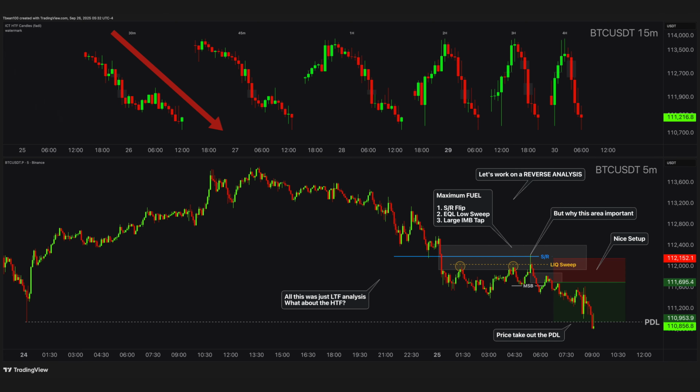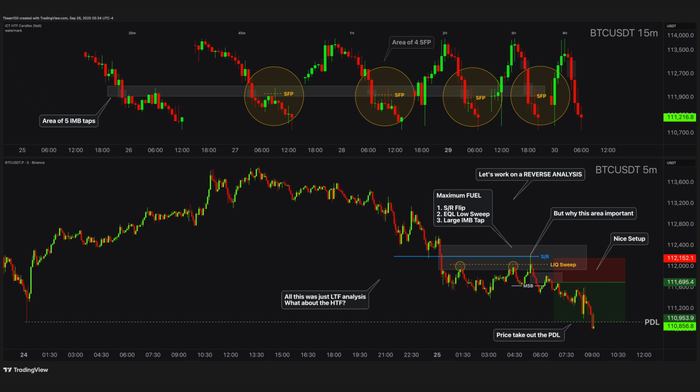First of all, you can clearly see price was crashing badly on the higher time frames, and the downtrend is obvious. Right at this point, you can notice the 5 imbalance taps in total. And this is combined with 4 swing failure patterns sitting right inside those imbalances.